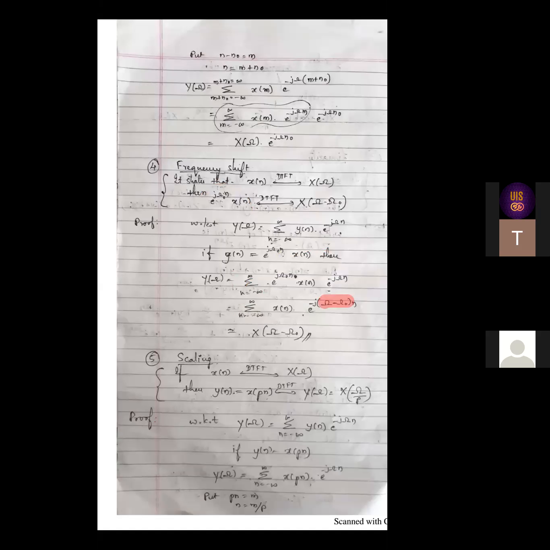If you just observe, if your Fourier transform has omega in the exponential term, you have the Fourier transform for omega. Similarly, if you have omega minus omega naught in the exponential term, the power term, then your Fourier transform will be for omega minus omega naught. It is just analogous to this.